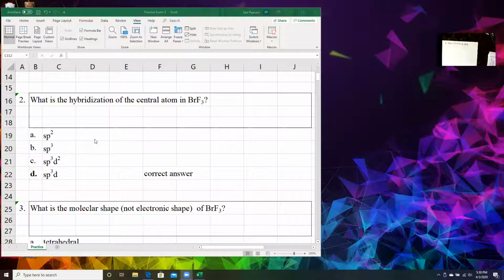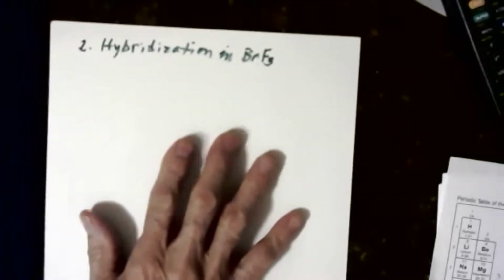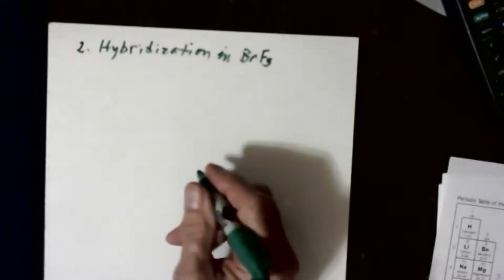Okay. So let's switch back to that then. And when we switch back over, now we'll do that by going here. And now you should be seeing a full screen picture of the question. It's the hybridization in BrF3.